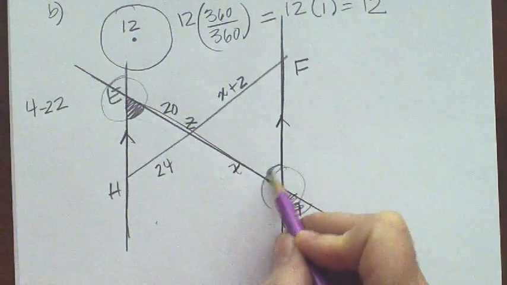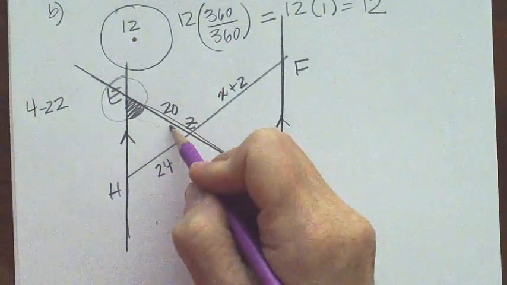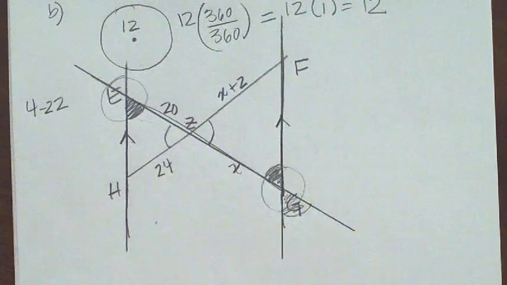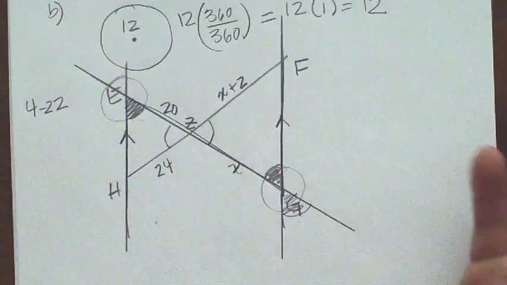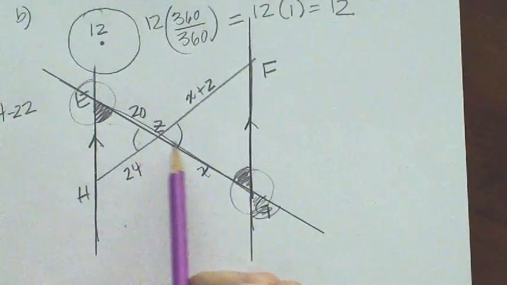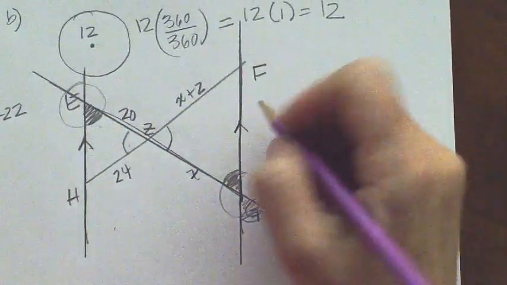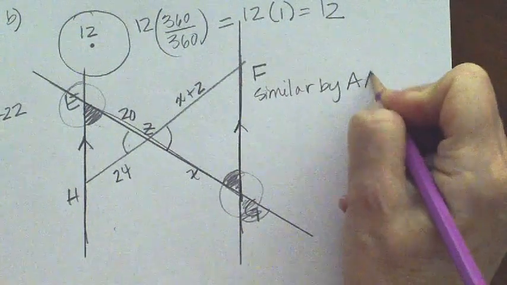And I know these two angles are vertical angles, so they're equal. So this angle is equal to this angle. And then you've got vertical angles right here. You could do that same process that I did here with these two angles, but it's not necessary because if you have two angles in one triangle congruent to two angles in another triangle, they are similar by angle, angle.